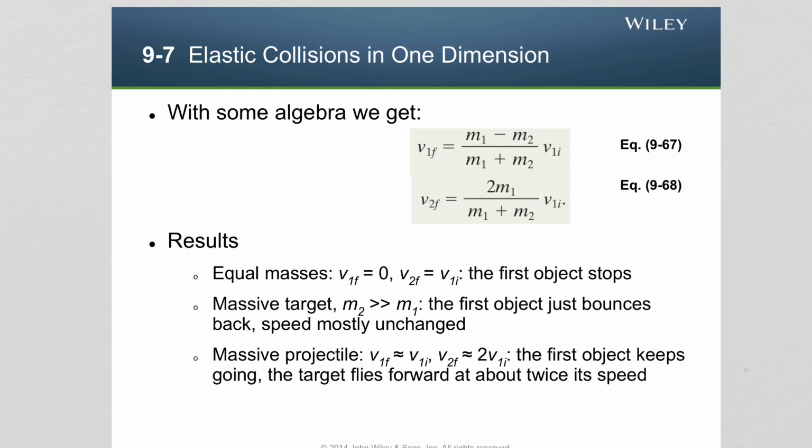From those expressions for the final velocities, I can get specific expressions depending on the relationships between the masses of the two colliding objects. If the two masses are equal, so m1 is equal to m2, then the final velocity of the first object will be equal to 0 because the difference here is 0.